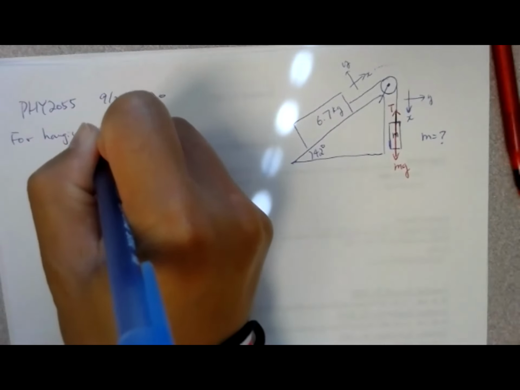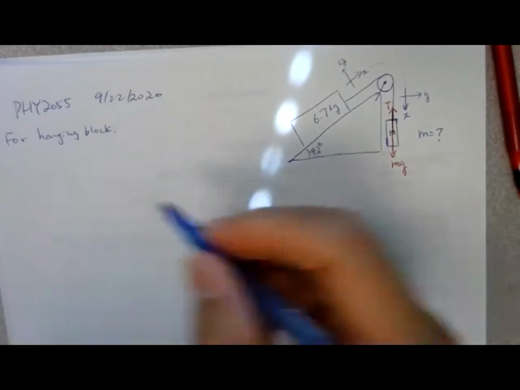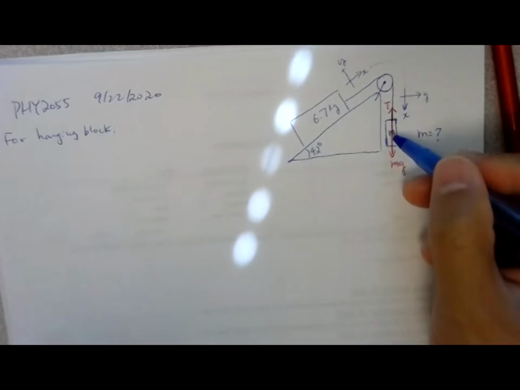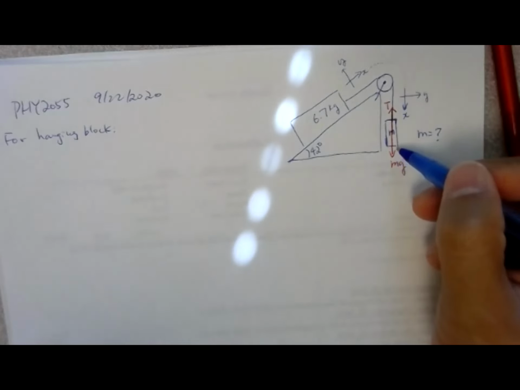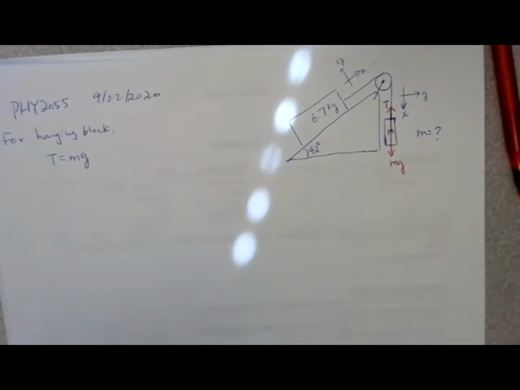For the hanging block, tension is going to be equal to mg, because if this is in equilibrium, then these two should cancel out. So T will be equal to mg. This is what you can get from the free body diagram.